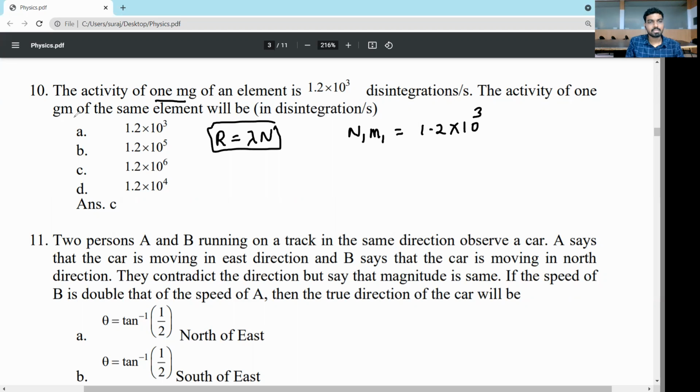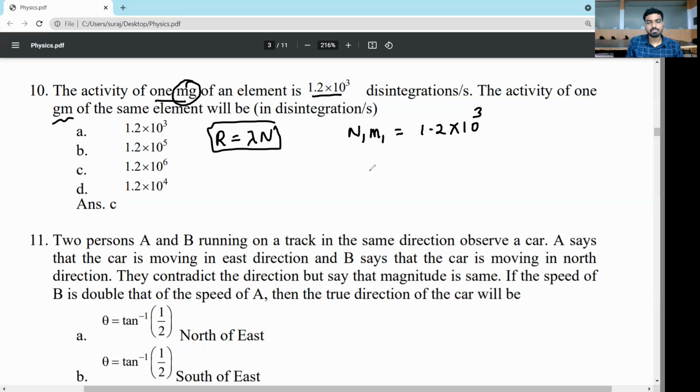Now in 1 gram, how many? So in 1 gram, more particles will be there. In 1 milligram, this many particles, weighing this much. If I multiply by 10 power 3, then I will get 1 gram, right? So mass will also increase. If mass increases, then the activity will also increase, correct?